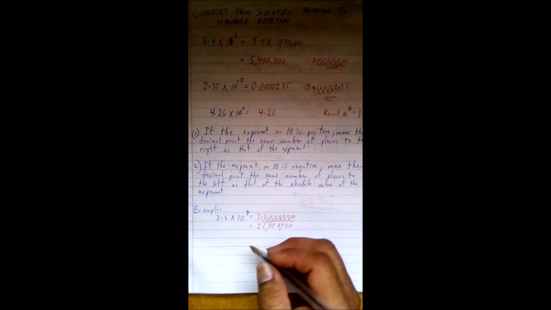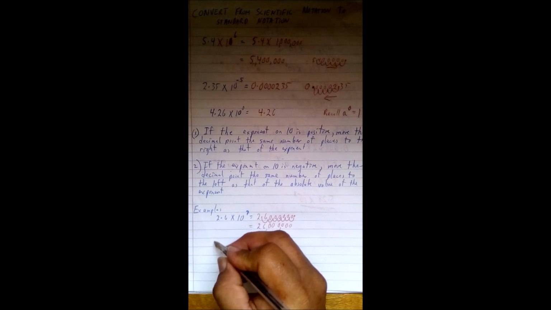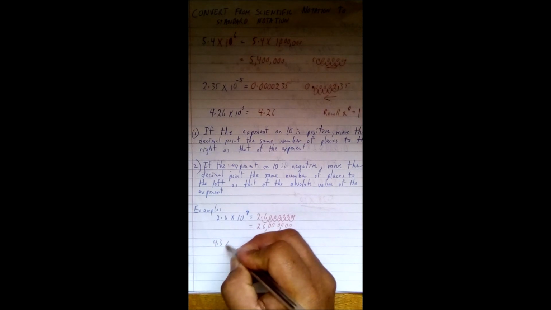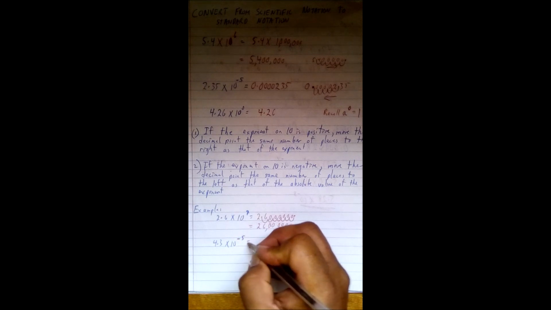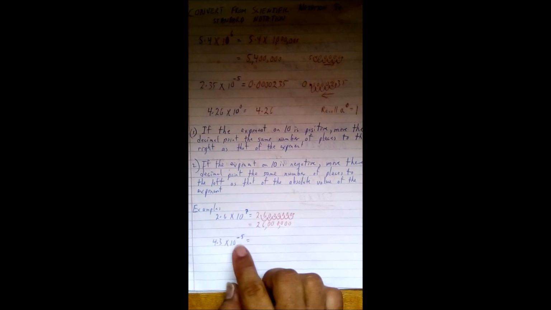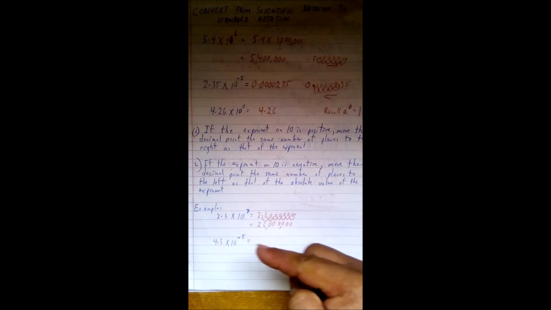Let's try our next example. Consider that we have now 4.3 times 10 to the negative 5 power. What does that mean? This means we will move the decimal point to the left hand side. The positive exponent moves it to the right.